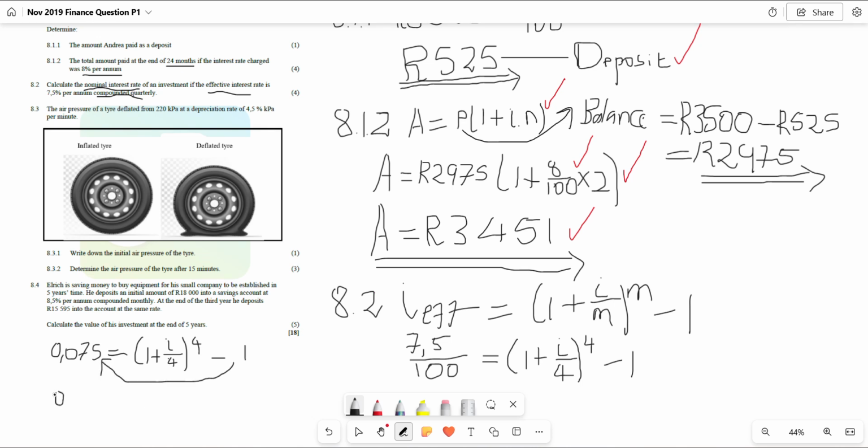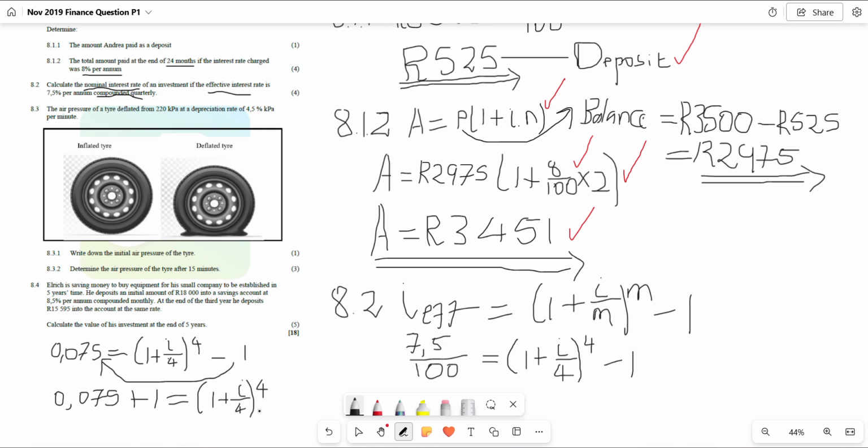Then 0.075. Then on the right hand side, we have a negative 1. When we bring it to this side, it needs to change the sign, which gives us a plus 1. That is said to be equal to, in bracket, 1 plus I divided by 4, close bracket, all to the power of 4.